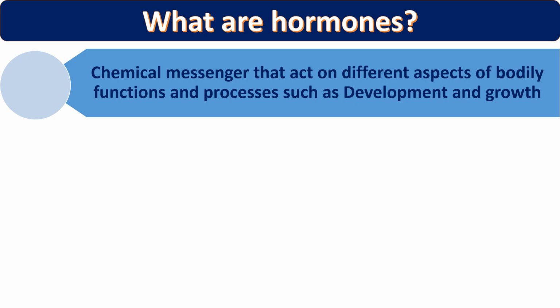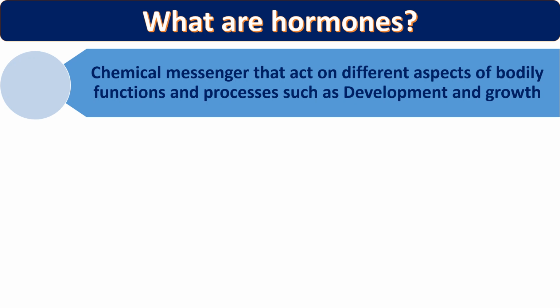Hormones are chemical messengers which act on different aspects of bodily functions and processes, such as development and growth. Hormones have many different functions. One of the most important is the development and growth of our body.